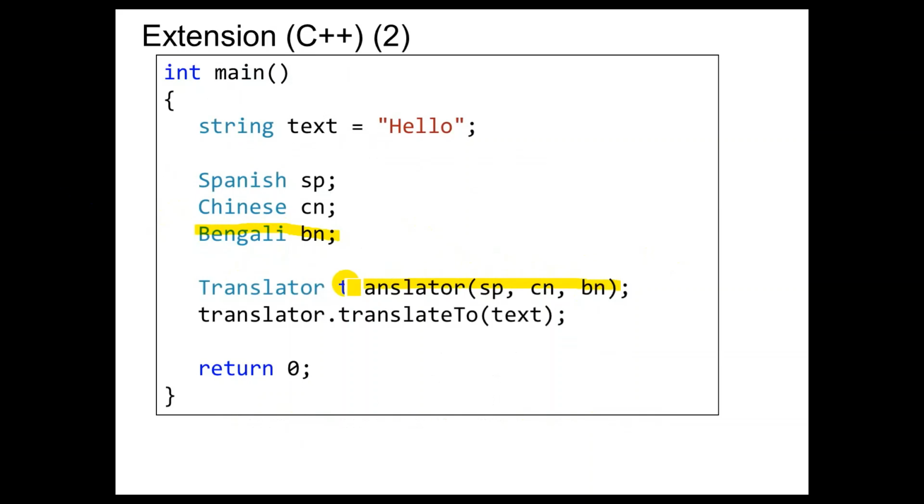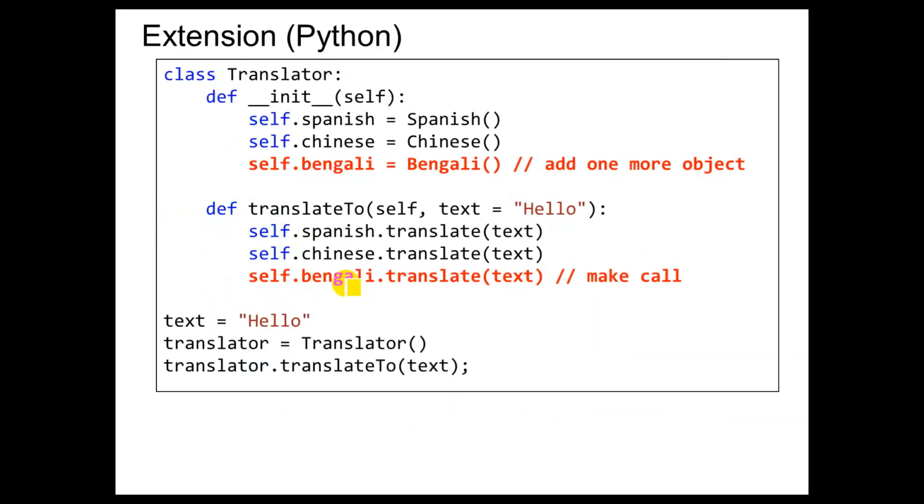Now we can look at the implementation in Python. Similarly, we have added one more object here and one more call here. So this is the way it is working. You saw that when we are extending, we are mainly modifying the main class or the central class.